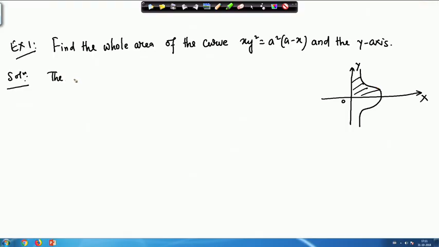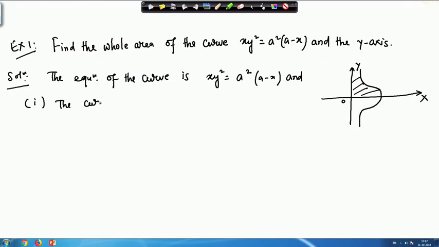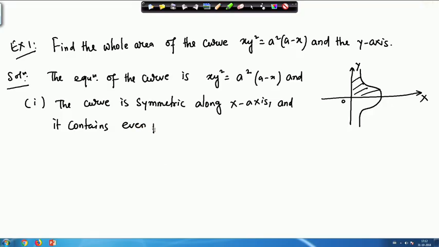The equation of the curve is x y square equals a square times (a minus x), and the first property is that the curve is symmetric about the x axis, and it contains even powers of y.